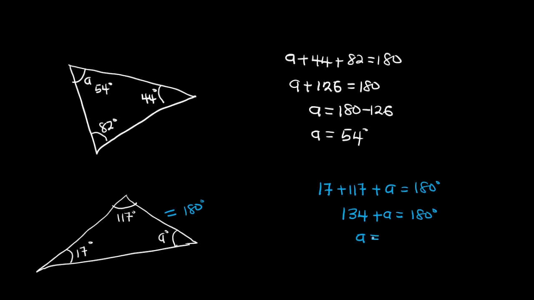So my A will be equal to 180 degrees minus 134. If I subtract 134 from 180, I get 46 degrees as the answer for the angle A. So the angle A here is 46 degrees.